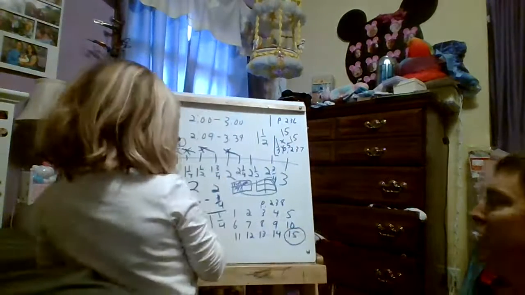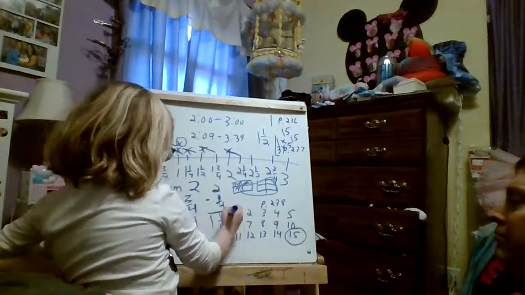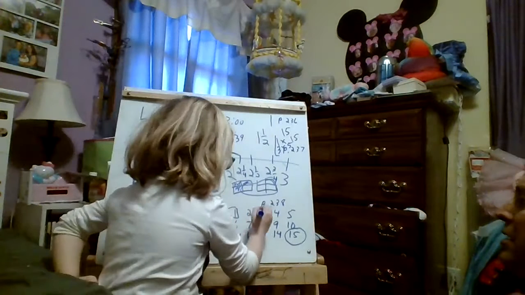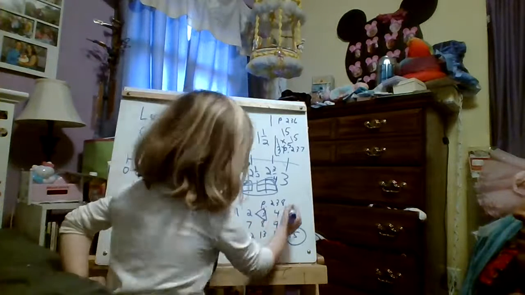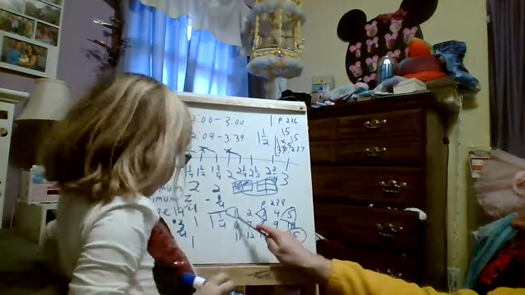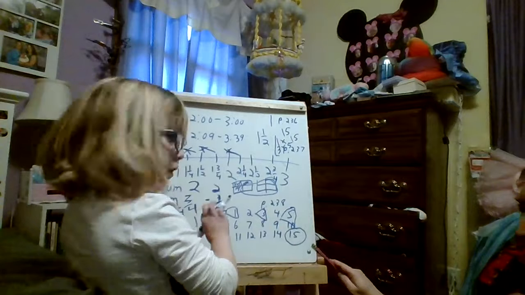Make sure to slide down the way so they can see. So in this round, McKinley had 1 plus 3 is 4, plus 5 is 9 points, and I got 15, so I have dominated this round.